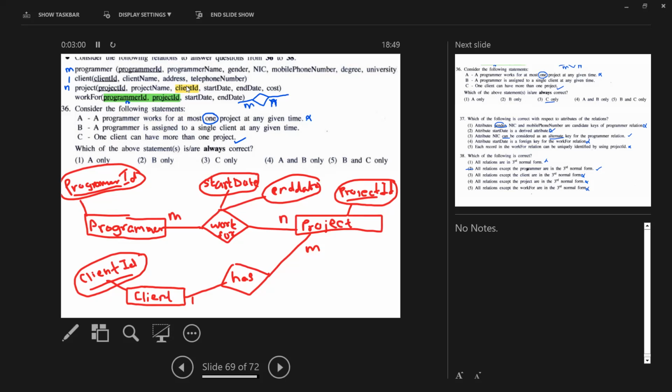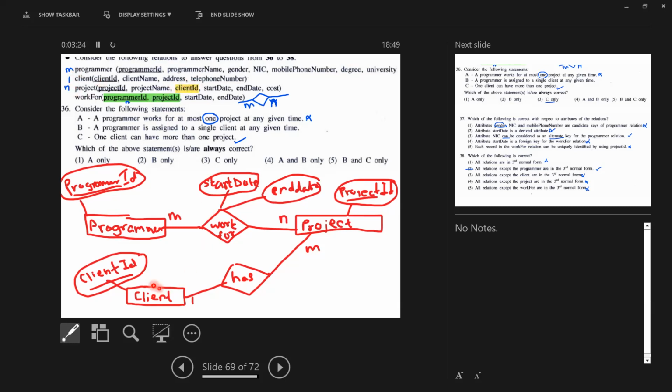That means a one to many relation should be there between the client and project. The one to many relationship came as a result of client ID moving to the project side in the relation schema. Client ID is there in the project table as a foreign key.